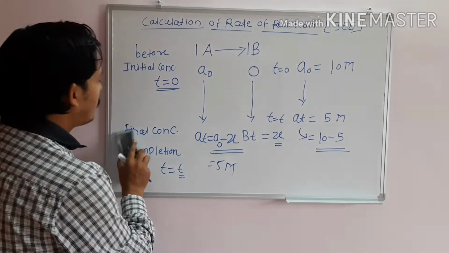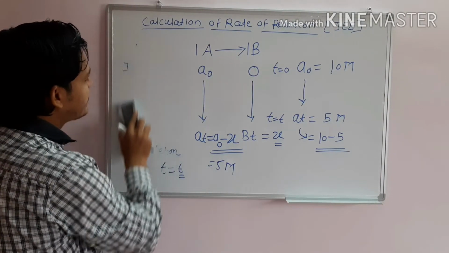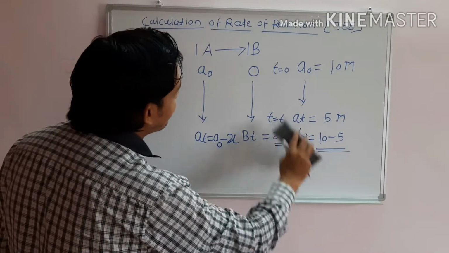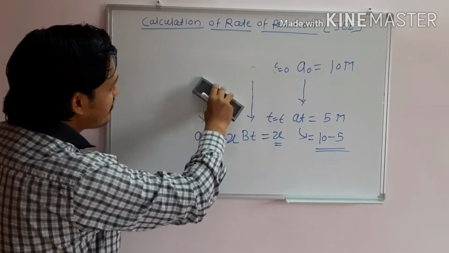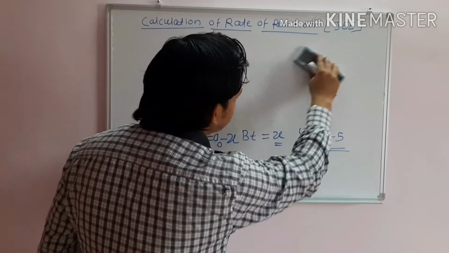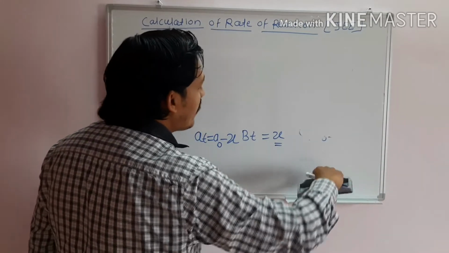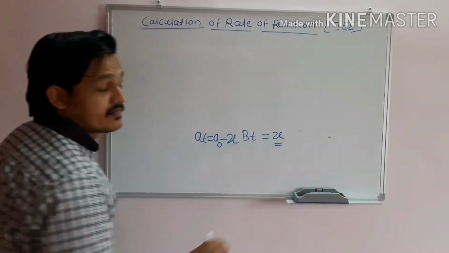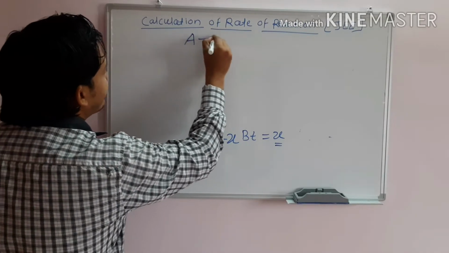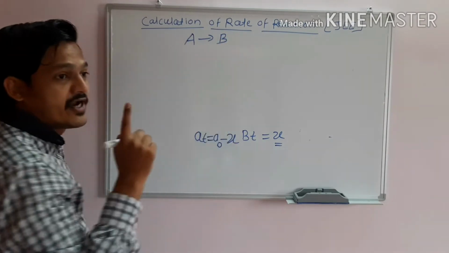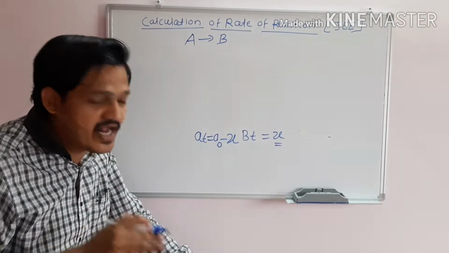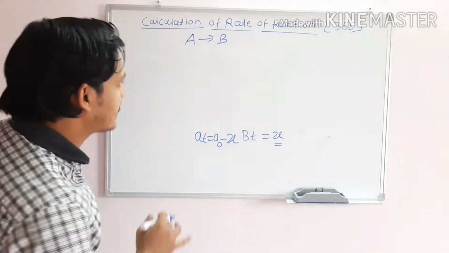In the last video lecture I told you how to express rate of chemical reaction or average rate of reaction. Now I am going to write rate of consumption of reactant and rate of formation of product.